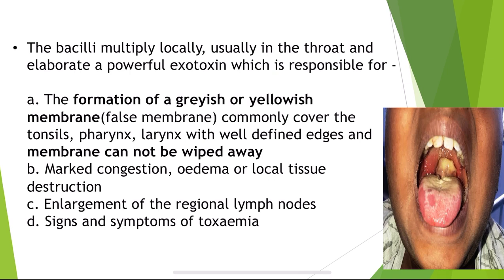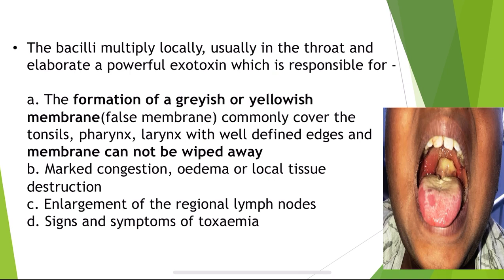It commonly covers the tonsils, pharynx, and larynx with well-defined edges, and the membranes cannot be wiped away. So this pseudomembrane has well-defined edges, the edges are clearly defined, and this membrane cannot be wiped away.